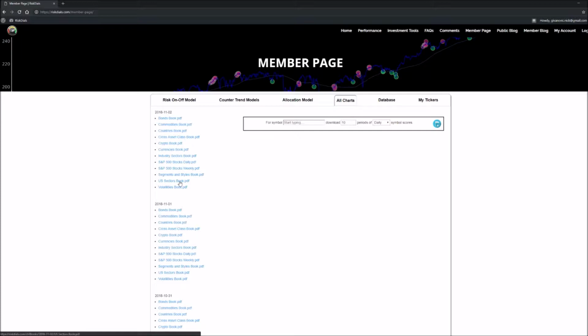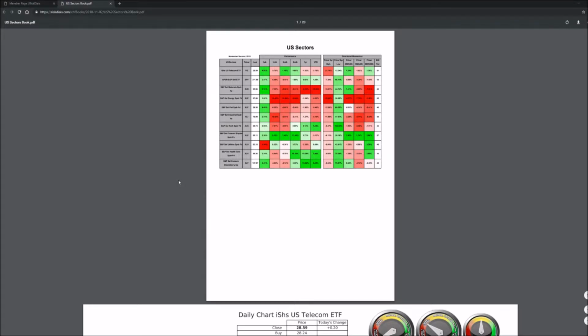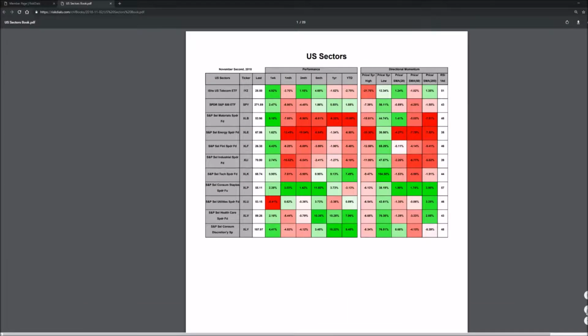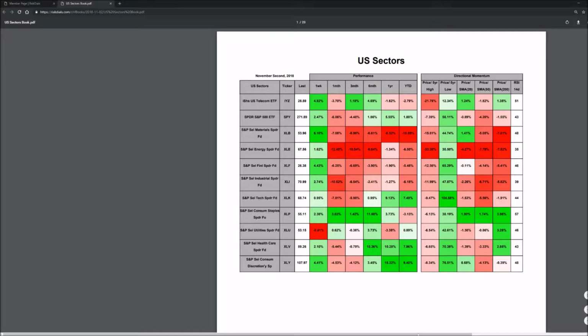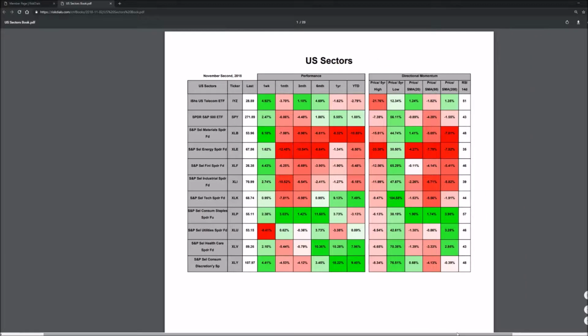For example, the various industry sectors in the US are in the US sectors book. All the ETFs mirroring the various foreign countries' indices are in the countries book, and so on. When we click on each, it opens a PDF file with an initial table of the performance of the various tickers which are included in the book.